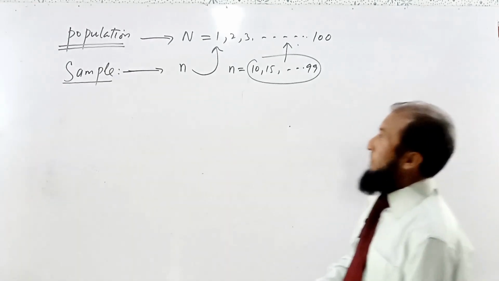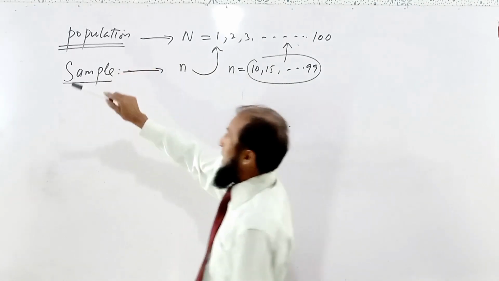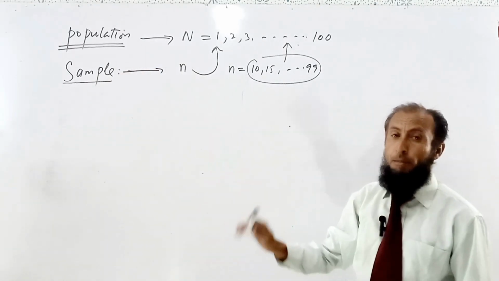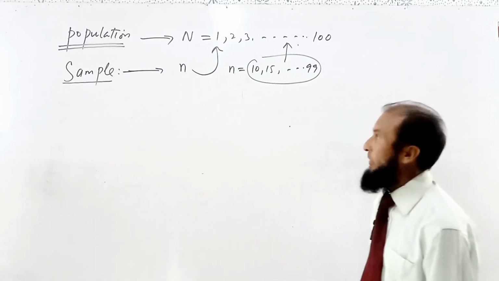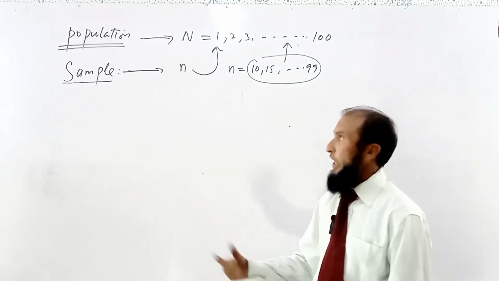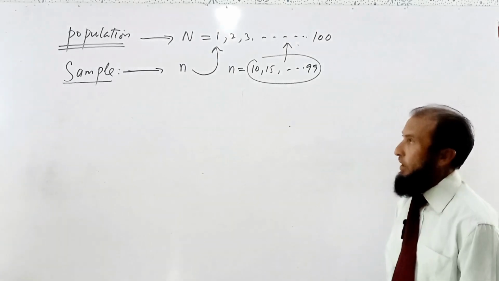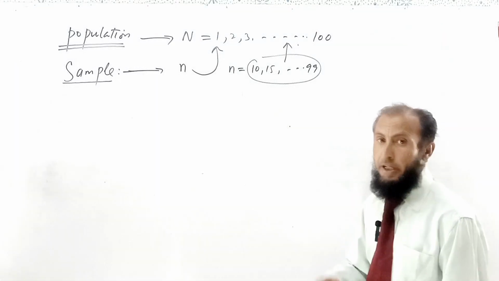Population is the set of material which has some common characteristic in any field of study. One general example is the whole blood circulating in our body.